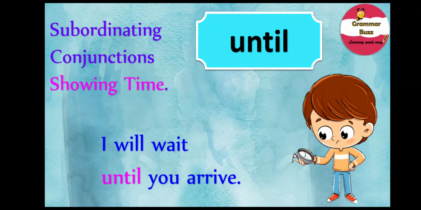So, the new sentence after joining it to the dependent sentence is, I will wait until you arrive. And remember, until is the subordinating conjunction as it joins two sentences of different order and rank, and it appears at the beginning of the dependent sentence. Hey, I think these subordinating conjunctions are really cool, don't you?